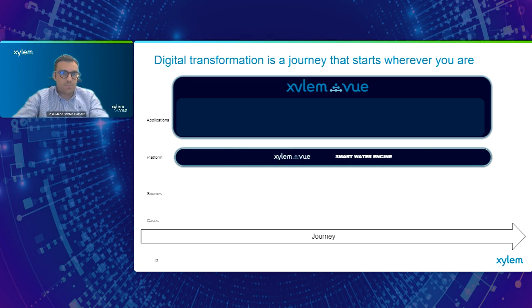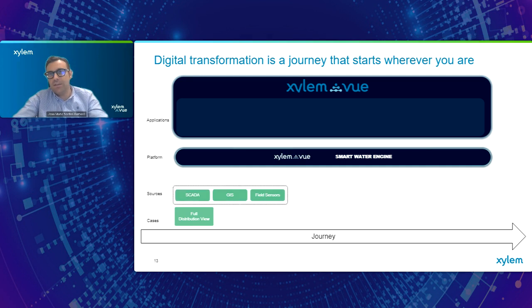For example, in that way, let's imagine that you want to start with a clear picture of the network, and then you have data that is already coming from the SCADA, GIS, or field sensors. So we're able to get that information, standardize it, secure it, and so on, and display that on top of our platform.